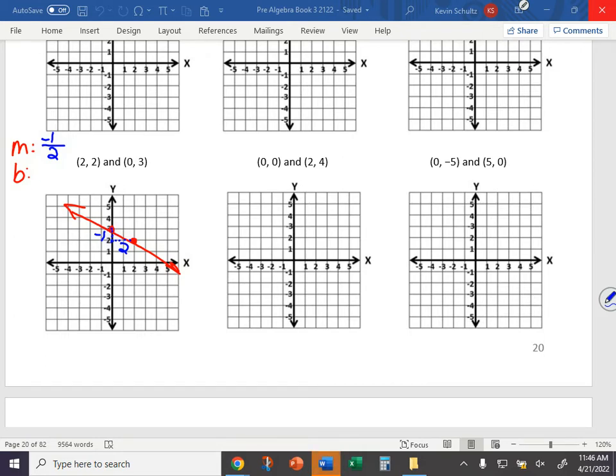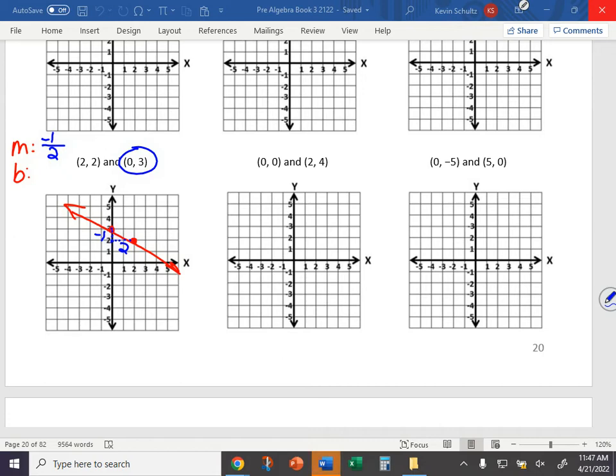And what's the y-intercept here? Kylie? 2, 2. Not going to be 2, 2. Remember, the y-intercept is where it crosses the y-axis. So at what point does this cross the y-axis? 3. And also, this second ordered pair, what do we know about the ordered pair of every y-intercept?